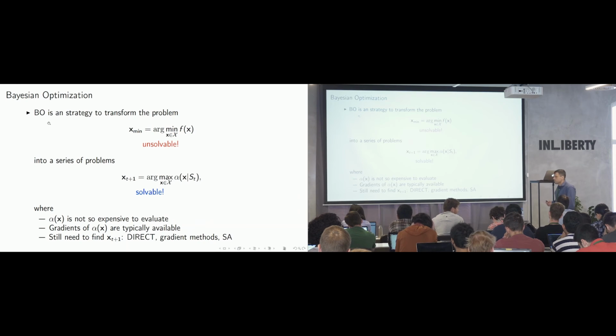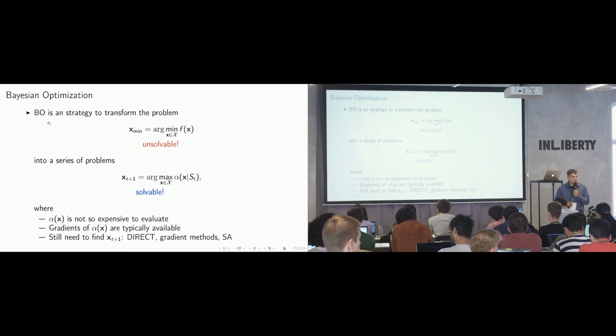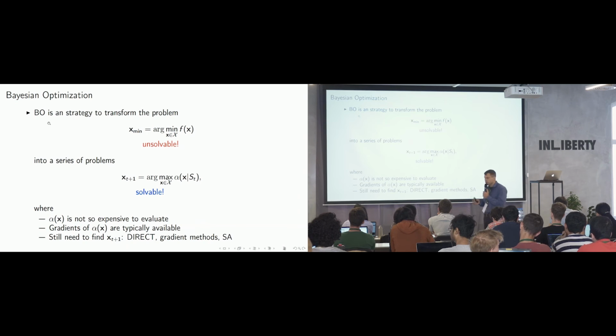We use this acquisition function to sample the next input. Instead of solving the initial optimization problem, which is quite difficult, we can perform this Bayesian optimization.